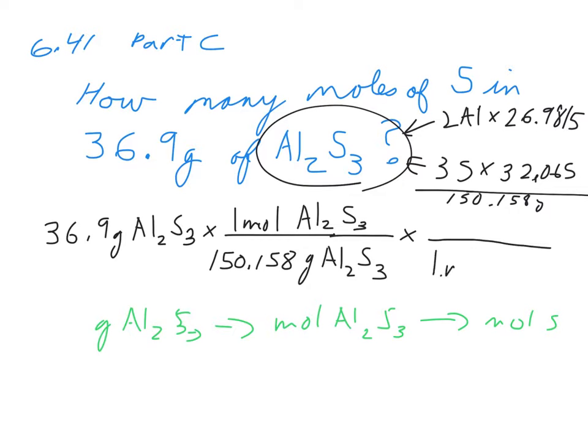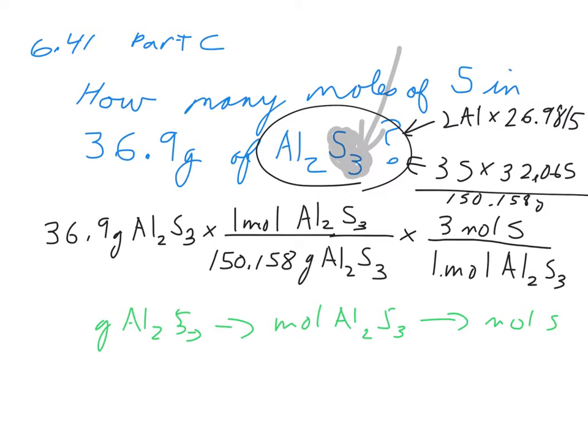In this case, it's actually going to come from a chemical formula that tells us for every 1 mole of aluminum sulfide I have 3 moles of sulfur, right? That's what my subscript there is telling me. So 3 moles of sulfur to every 1 mole of aluminum sulfide.